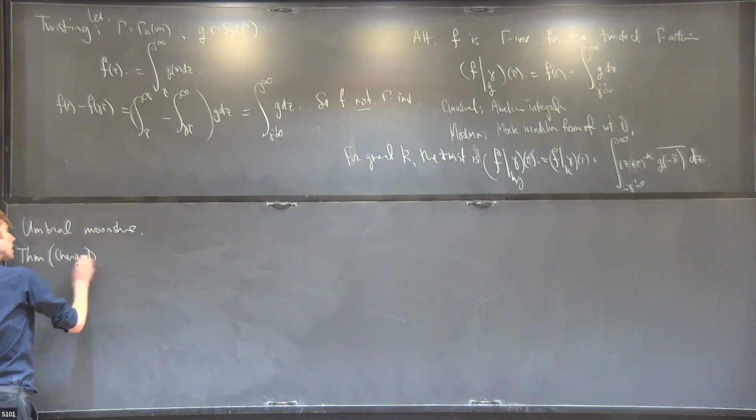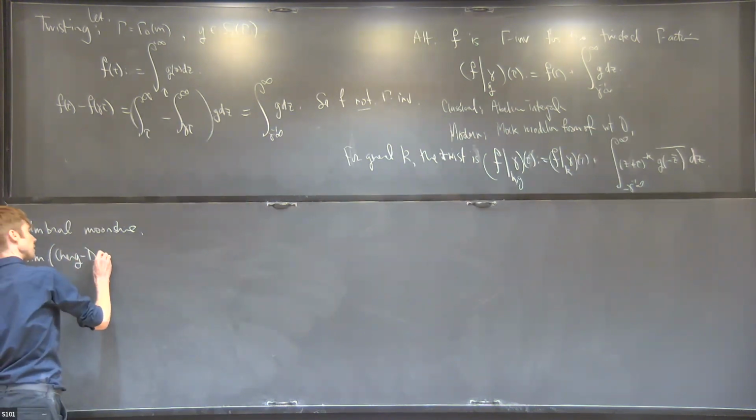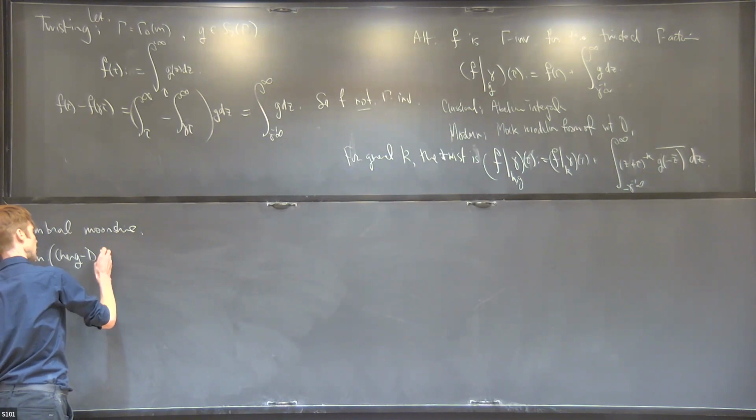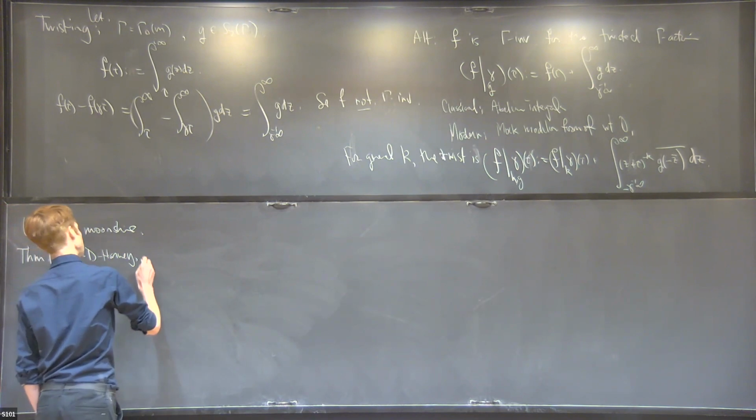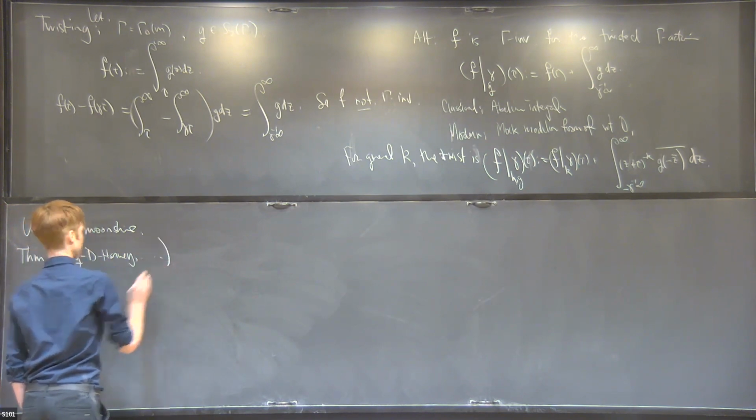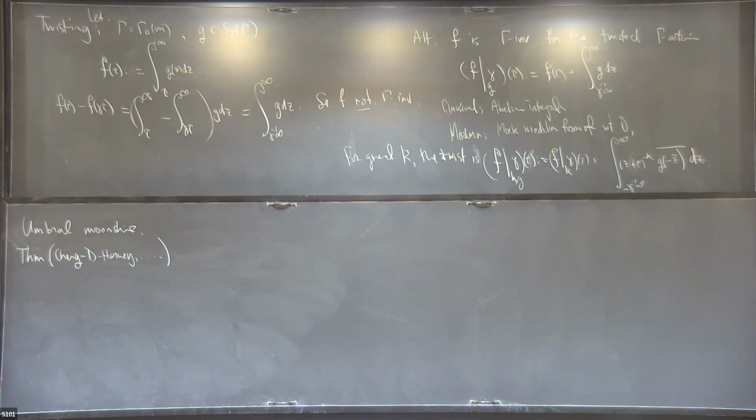I'll try and summarize now what Umbral Moonshine is in a kind of omnibus theorem. There are more names I should put here, but let's do this.